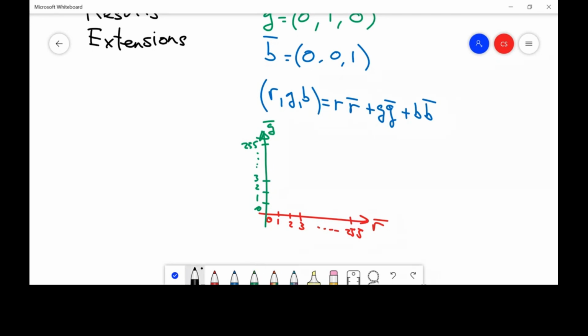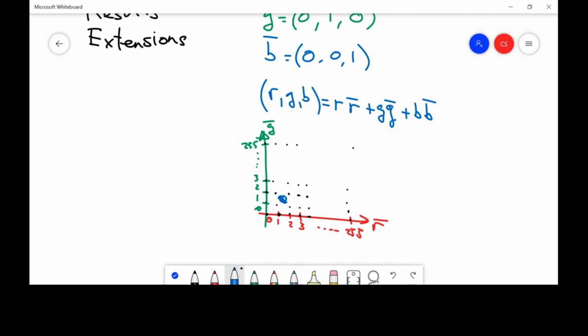And then I cannot represent absolutely all colors in between. I can only represent these combinations. I can represent this one, this one, this one, also the ones on the axis. But my colors are distributed in a grid. You see? So I cannot represent a different color that is here, in between points that I can store in my computer.